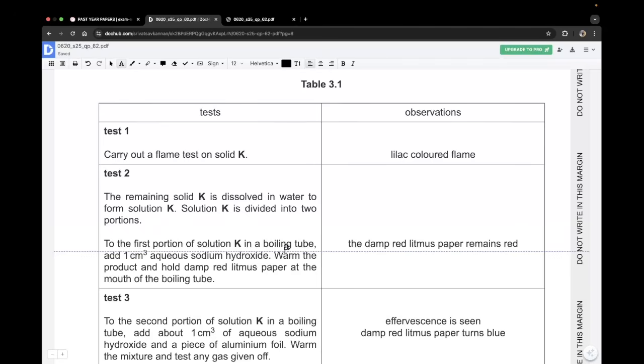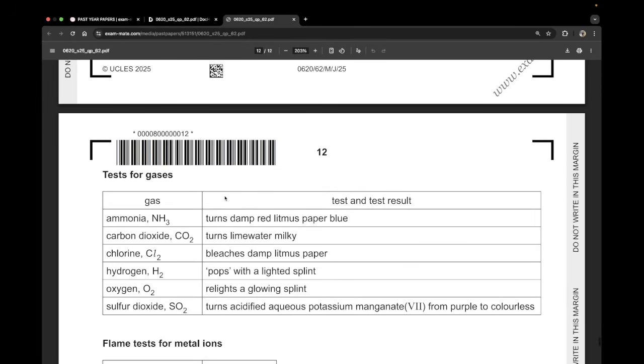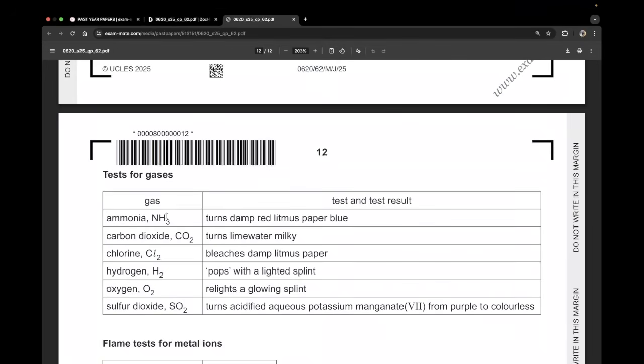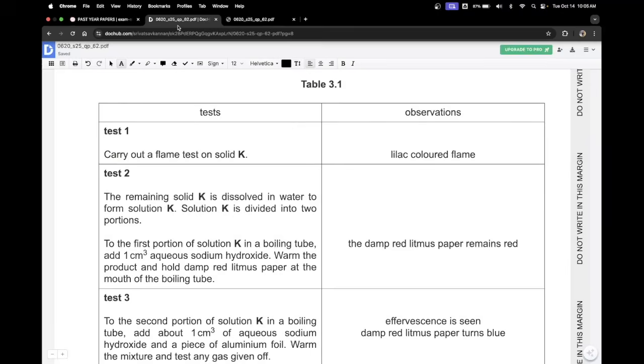To the first portion of K in a boiling tube, add 1 centimeter cube of aqueous sodium hydroxide, warm the mixture and hold damp red litmus paper at the mouth of the boiling tube. Now, what is this a test for, actually? It is a test for a gas, ammonia, where damp red litmus paper should turn blue, but here it remains red.